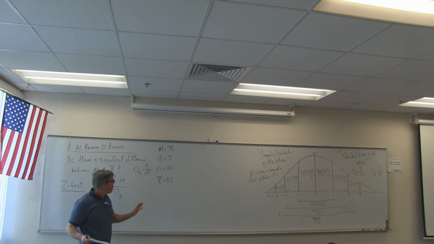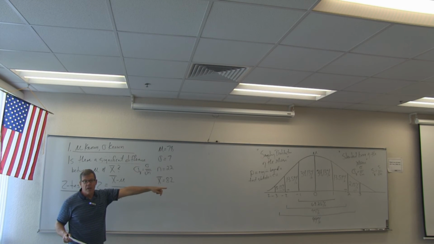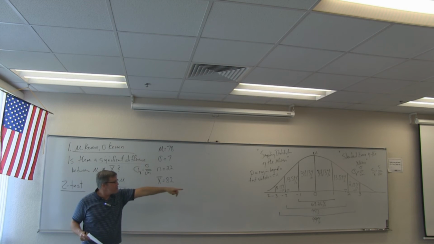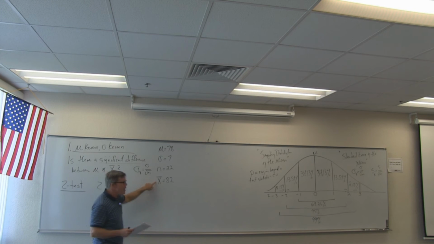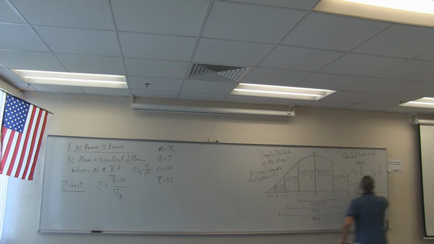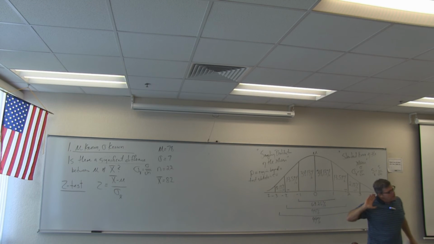What I do know is that it has everything to do with what's going on over here. What we're going to be doing is making a determination as to where this individual sample mean falls on this sampling distribution. Class, if it falls way out here or way out here, what's our decision going to be based on the null?